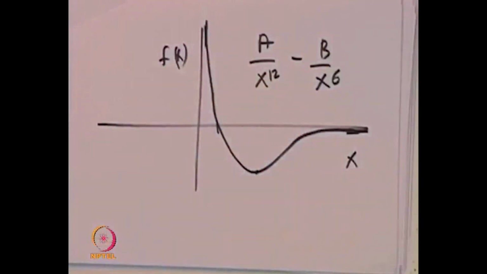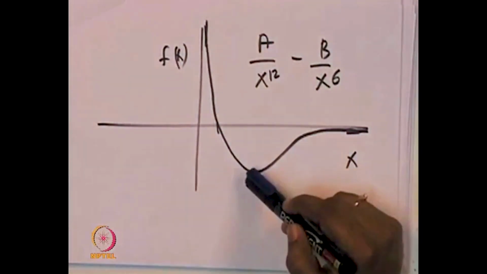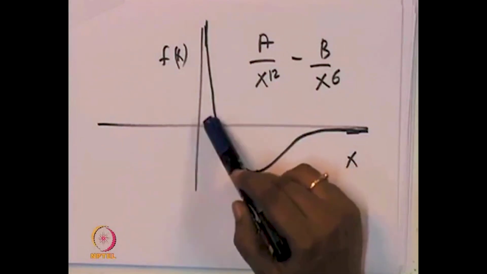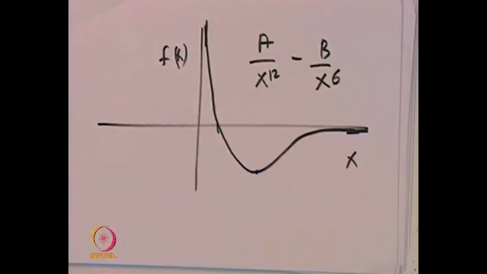You will find a plot which looks like this. I already explained this is 0, this is infinity, there is a minimum here, and it crosses 0 at one point. So, all this is clear to you, and the answer will look like this.